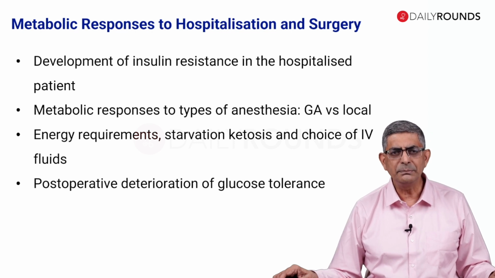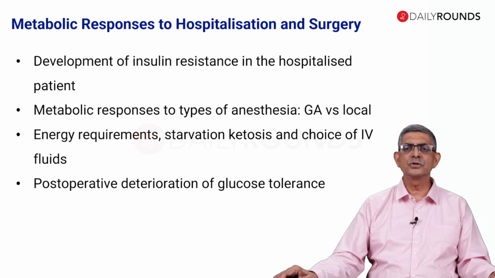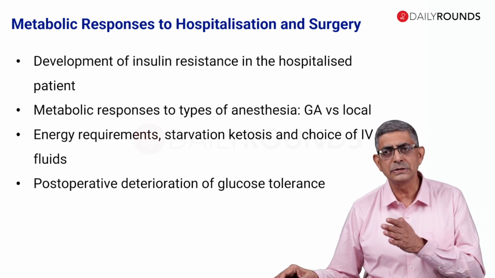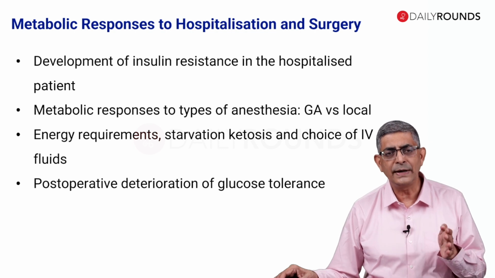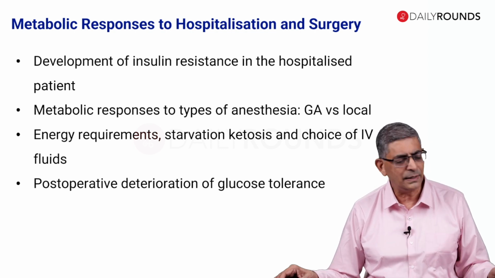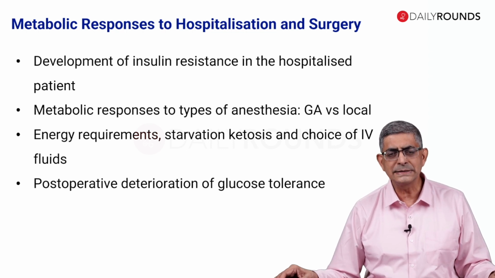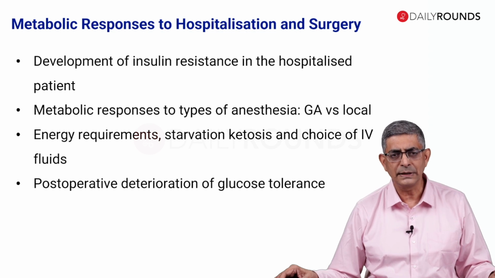Now, these are some of the metabolic responses to hospitalization and surgery. Patients tend to develop increased insulin resistance. So, for a patient who was well controlled on a particular dose of oral agents or insulin, you may find a sudden spike in the requirement of their anti-hyperglycemic agents, probably because of the insulin resistance they face due to the stress of illness.